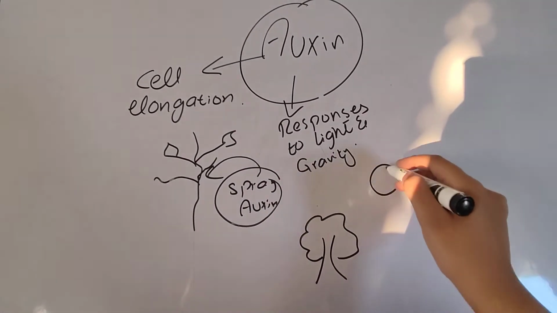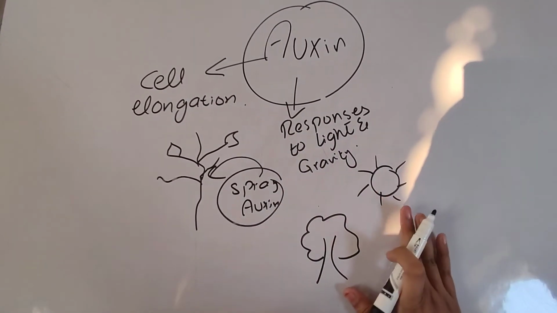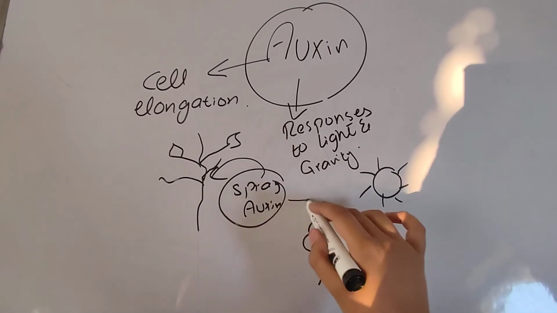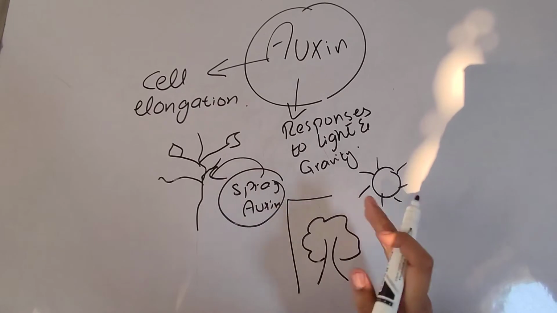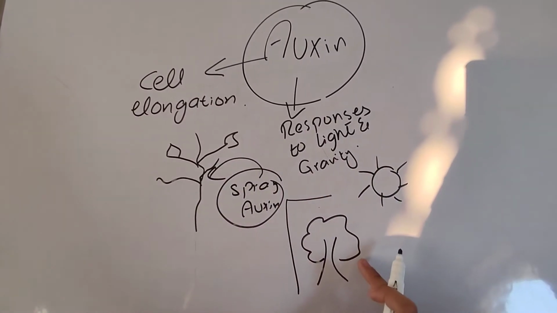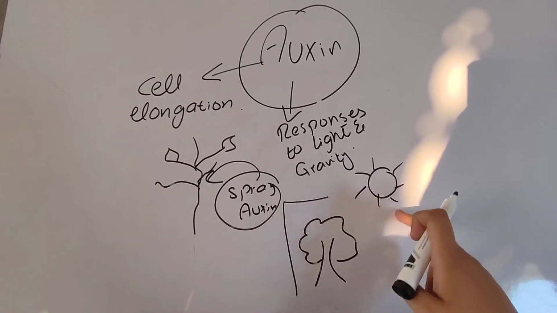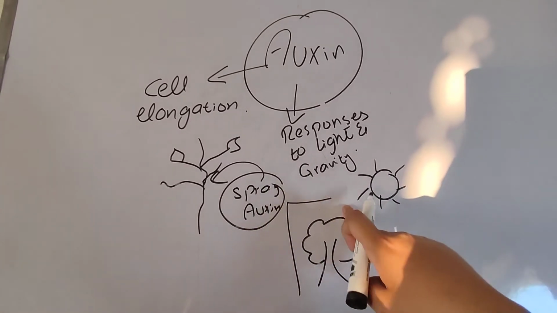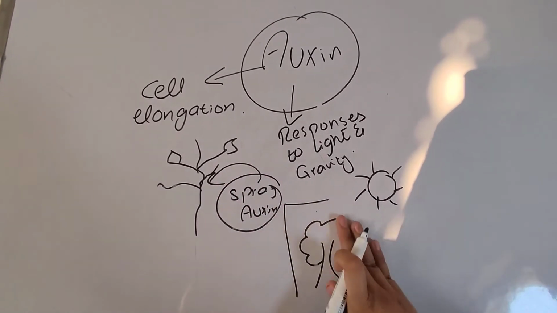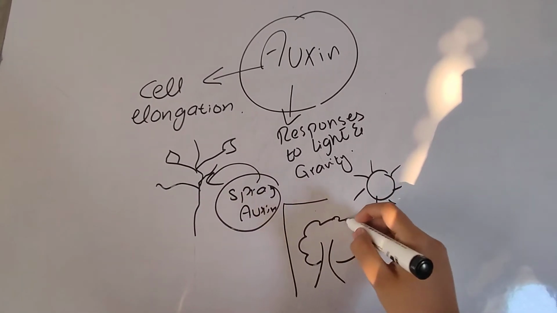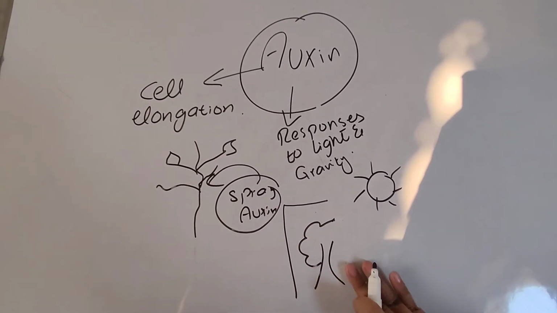If this is the sun, then obviously some plant which is in shade, half of the plant is in shade or half of it is in sun. As the rays fall onto the surface of the plant, the auxin gets initiated and cell division has started, their increment in size has started.